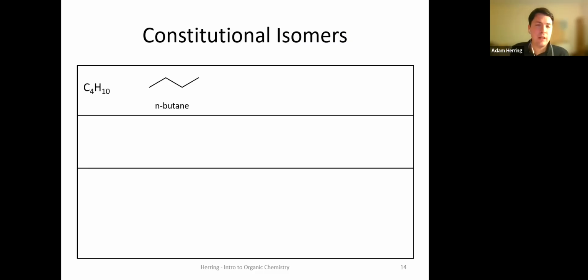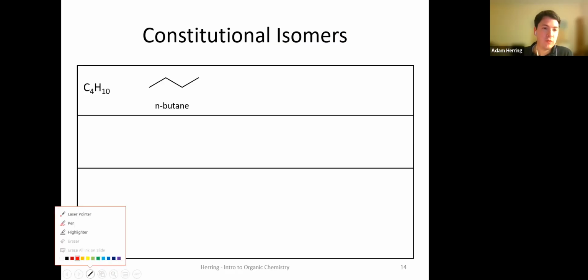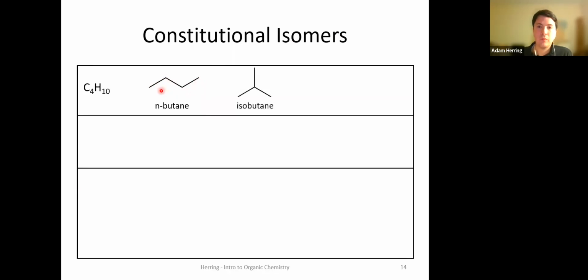So we have a molecule of butane, and the N is just indicating that it's the straight chain version. If we were to take one of the groups from N-butane, take one of the end carbons, we could attach it onto a different carbon.